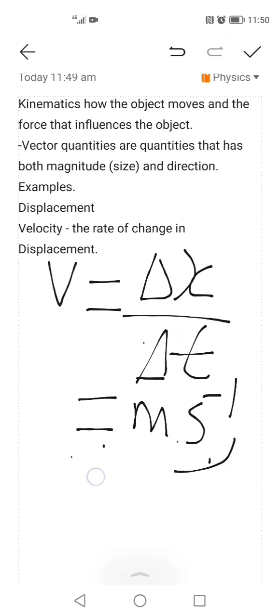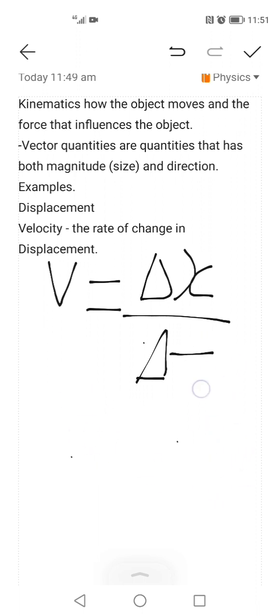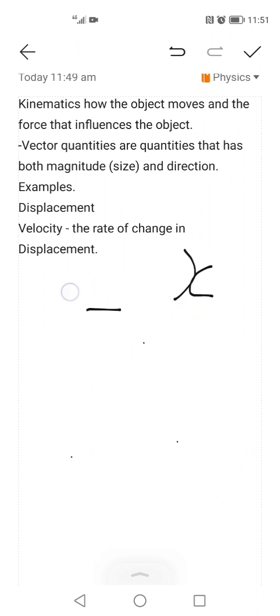Then let me make a scenario for you to show that velocity is also a vector quantity.